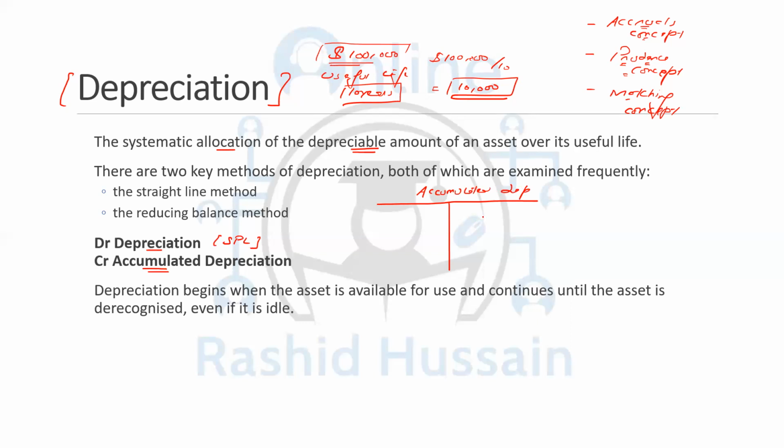The accumulated depreciation account is being credited due to the depreciation, and then you get the closing balance of it. Next year, it is going to be an opening balance. Then you are going to add the depreciation of the next year. Then it is going to be a closing balance. Similarly, in the third year, it is going to be an opening balance, and it goes on for every year. Now, why are we making the accumulated depreciation account?